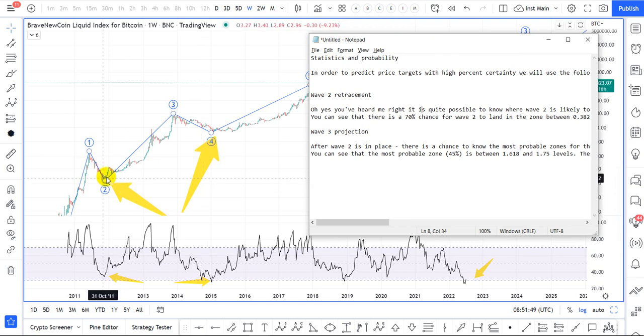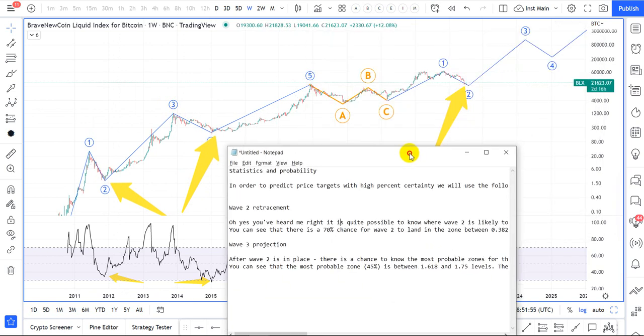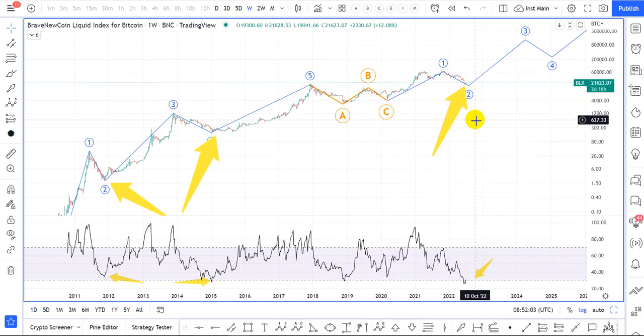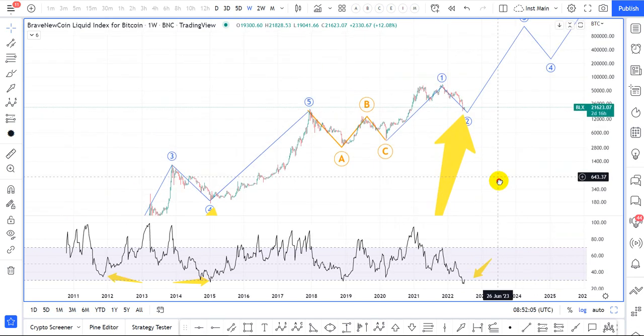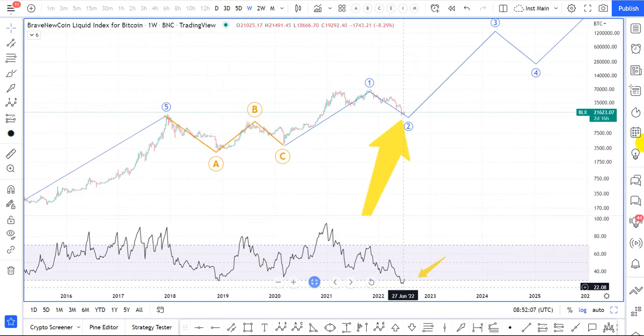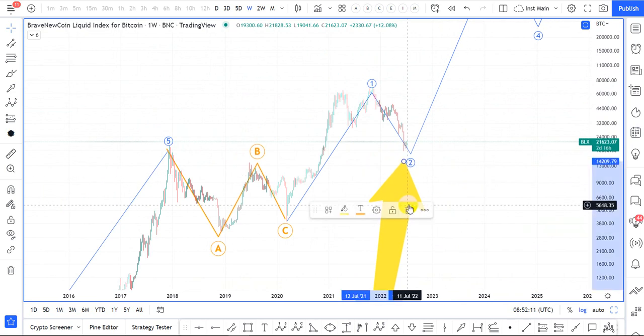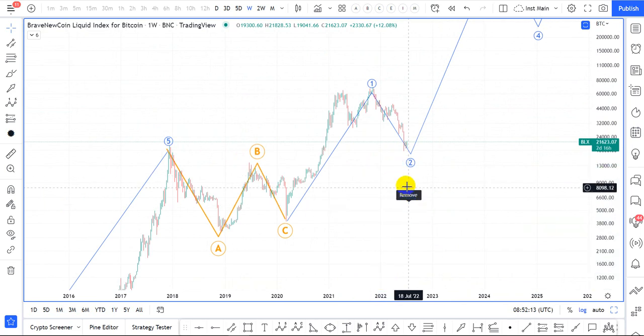Like for example, for wave 2 or wave 3, they can use the projection. For us right now, the most important is, since we're looking for wave 2, where it is most likely to land. Let's zoom in a little, make it a little bit bigger so we can look at it. I will delete something that we don't need.